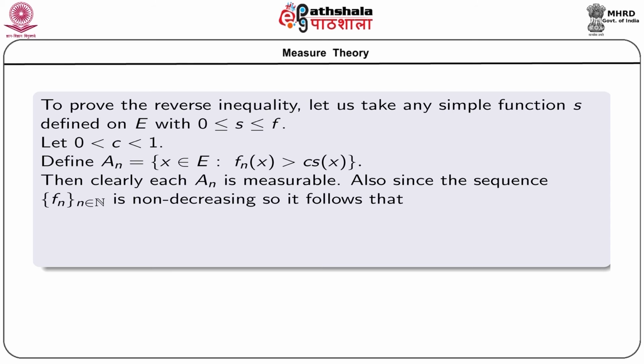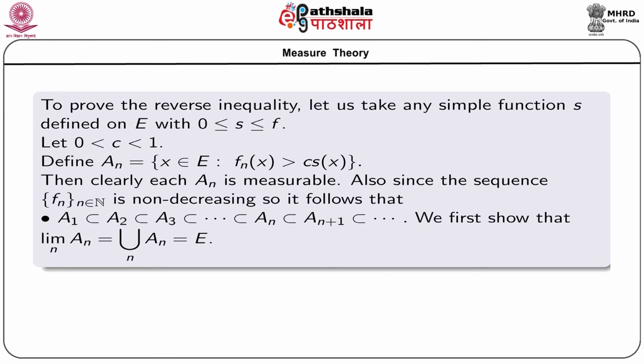And since the sequence f_n is non-decreasing, it follows that the sets A_n have the property that A_1 is a subset of A_2, a subset of A_3, a subset of A_n, a subset of A_{n+1}. So, A_n is an increasing sequence of measurable sets.